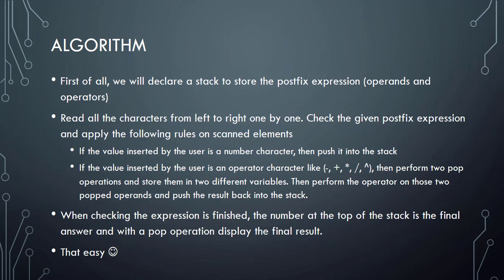If the element is a number character, then we will push it inside the stack. If the element is an operator character, for example plus, minus, asterisk, slash, or power, then the two topmost elements will be popped out of the stack, the operation will be performed, and the result will be pushed back into the stack.